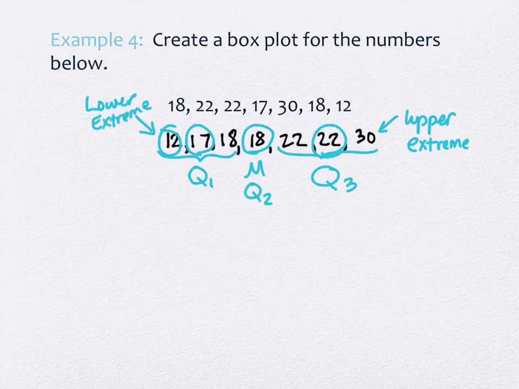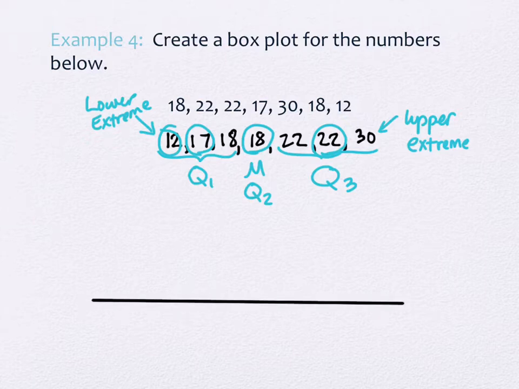So as I create my number line, I really do need to create a number line that's balanced, much like all the other things that I'm doing with graphs. I need to start at the lowest value, go to the upper value, basically make them equally spaced. So we're starting at 12, 13, 14, 15.